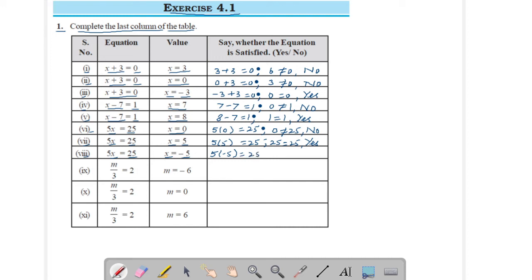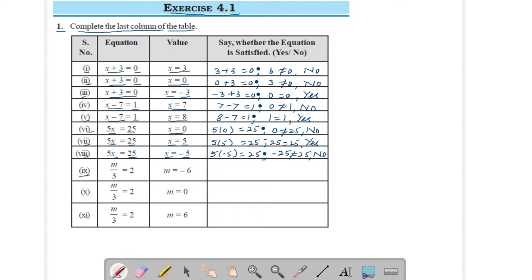Open the bracket. What will you get? 5 into minus 5 is minus 25, and minus 25 is not equivalent to 25. Therefore your answer is no, because the left hand side is not equivalent to the right hand side.